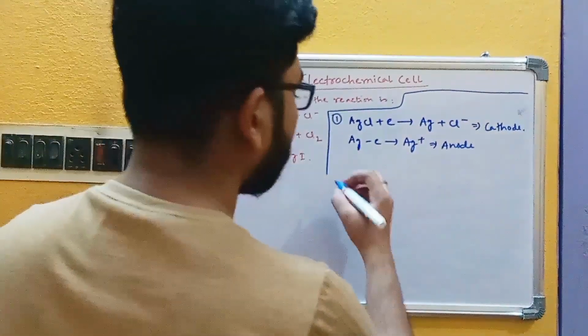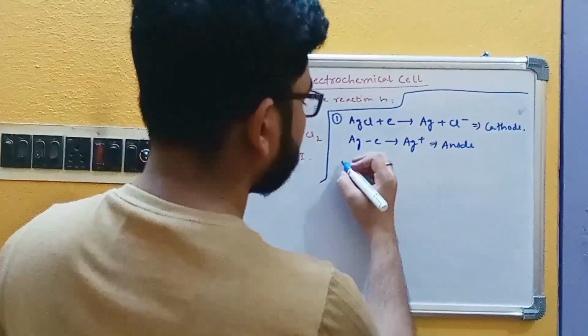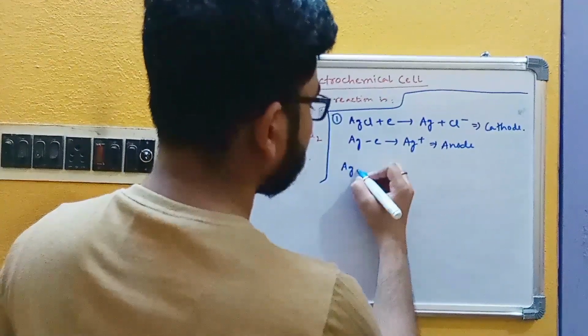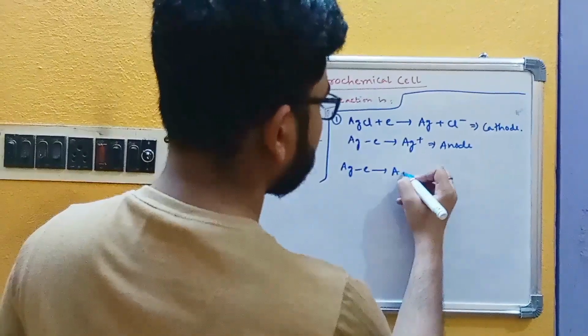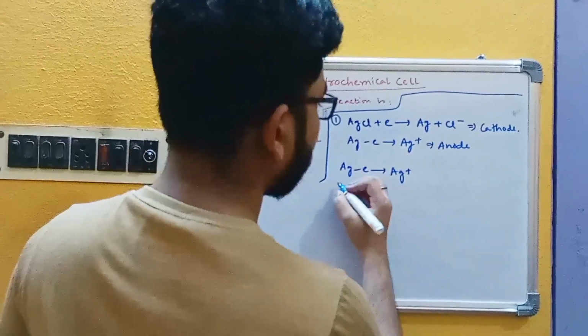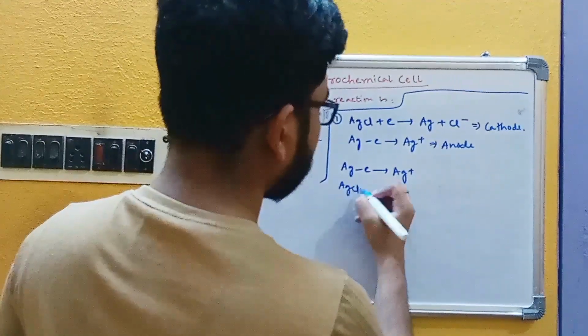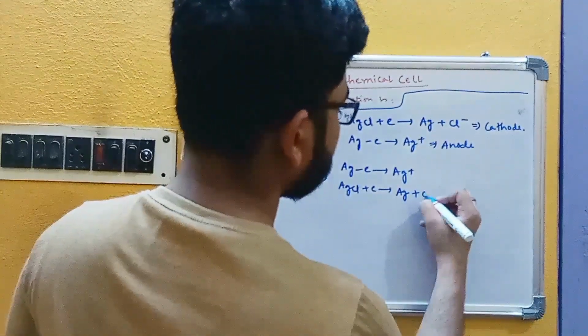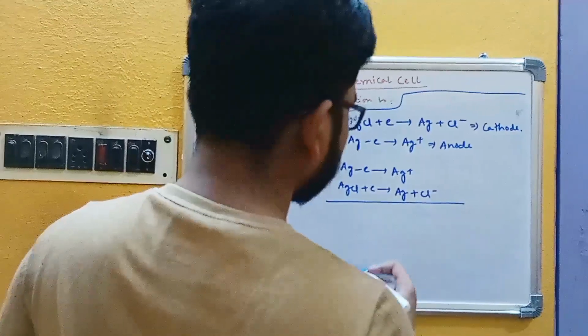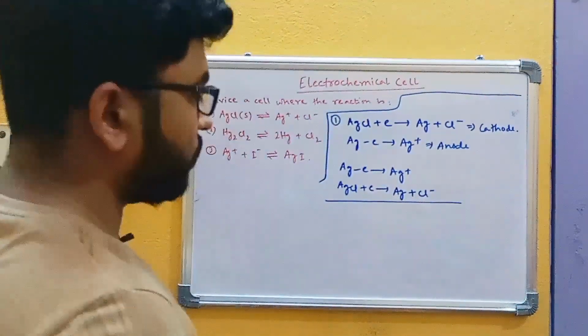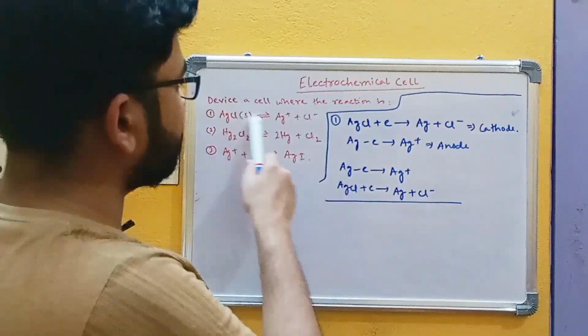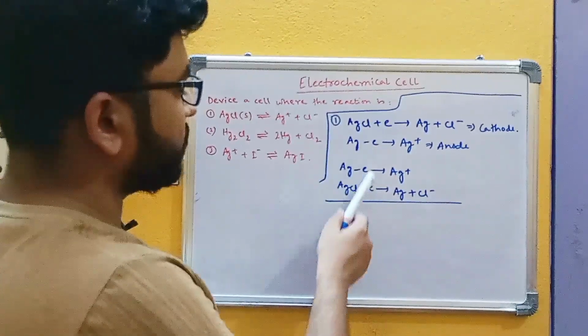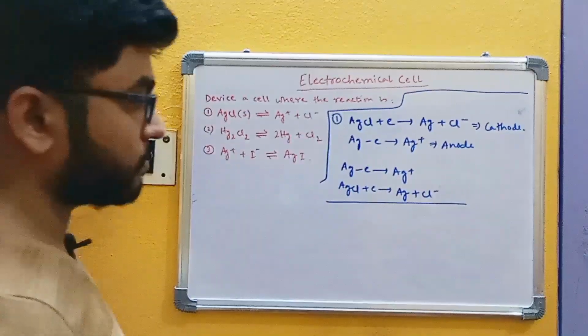Now if we write both equations, Ag minus electron gives Ag plus and AgCl plus electron gives Ag plus Cl minus. Now if we get the overall reaction from this, then our assumption is right.